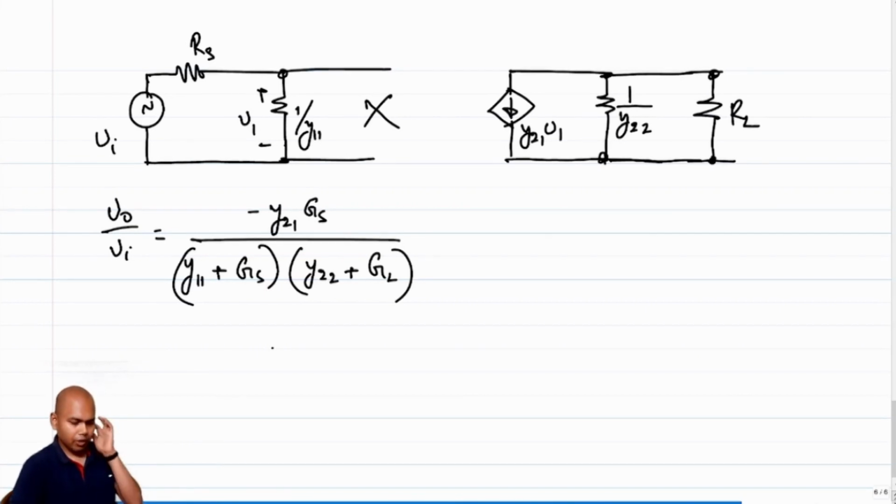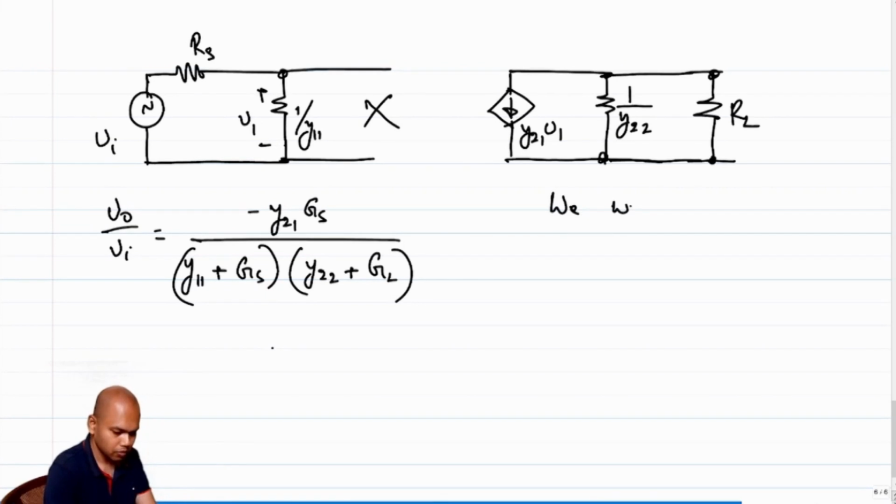And given that Y12 is 0, I can neglect this term. So what is the wish list now? What do I need Y21 to be? We would want Y21 to be as high as possible, right?